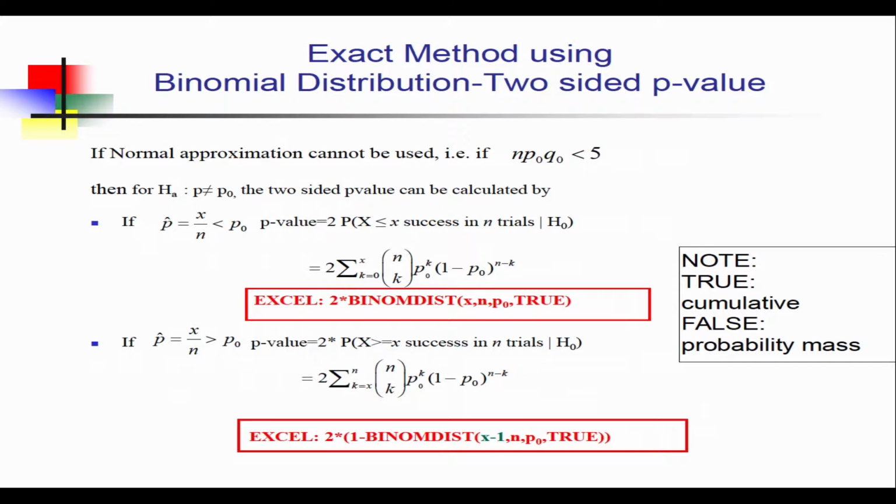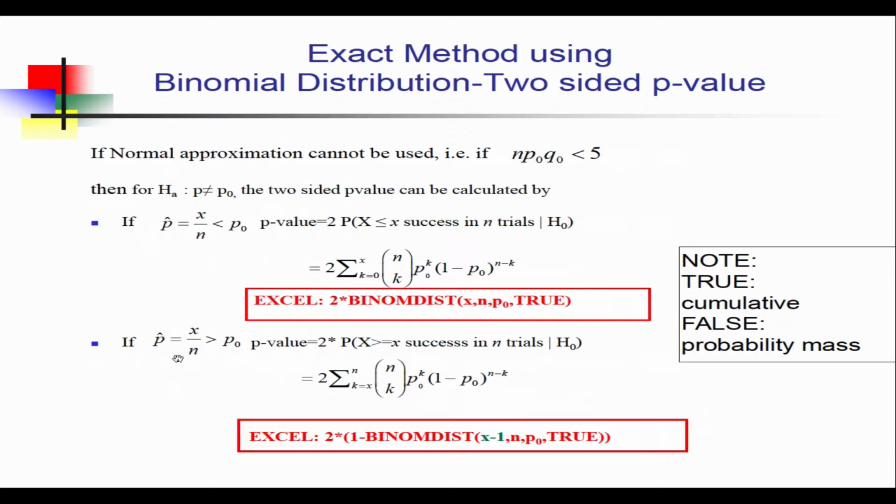For the two-sided test, the extreme points could occur on either tail. Depending on your observation, if p hat is less than p0, your observed value is on the left tail, so you look at the probability on the left tail, then double it to get your p-value.